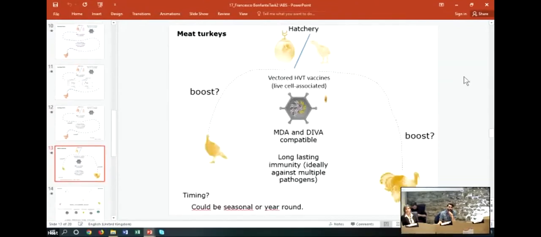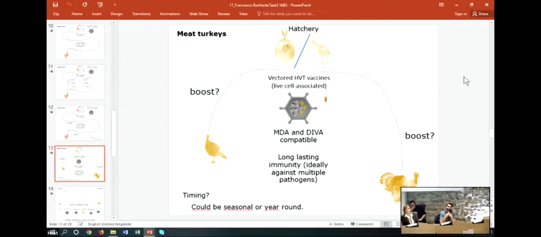If we move to another long-lived animal like meat turkeys, taking into account the 2 different sexes, so around 100 days and 150 days of farming cycle. This is for Italy as well, at least. Here again, MDA and DIVA compatible is very important, and the HVT vaccines might be very promising because of the susceptibility of these animals to this infection of the HVT virus.